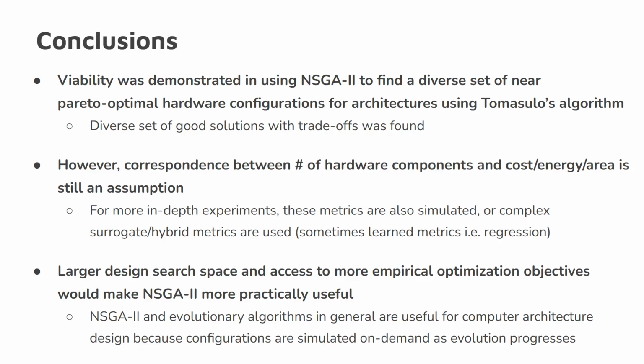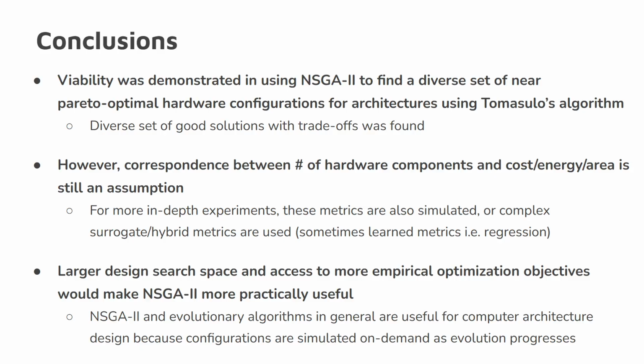So if you can imagine, you're trying to have an objective for area that could have variables such as cache size, for example, or energy could relate strongly to the number of cores in some other experiment.